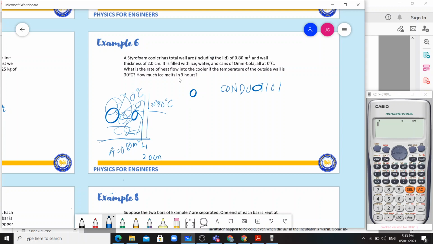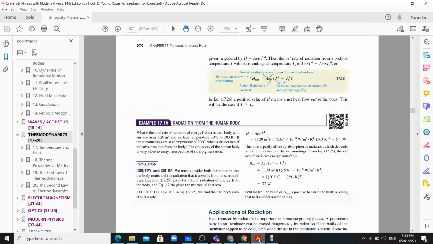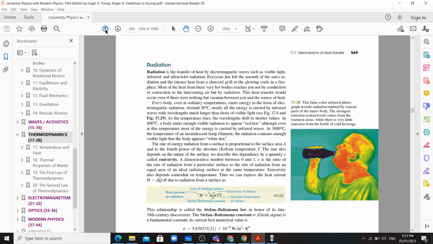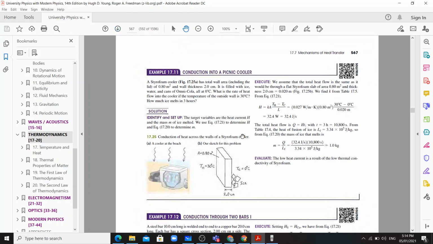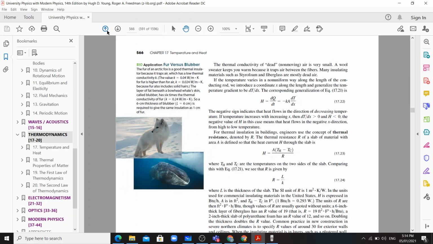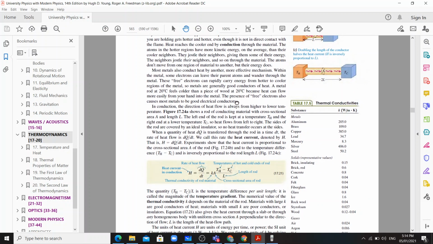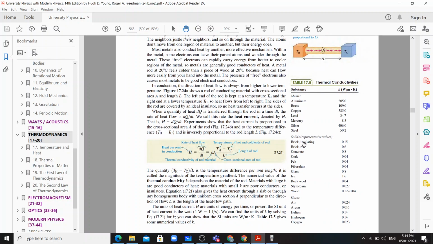And the formula for conduction is Q equals K A delta T over X. Okay? So, our Q is equivalent to, okay, our K, let's look for styrofoam. Let's find the K of styrofoam. The thermal conductivity of styrofoam is 0.027 watts per meter Kelvin.